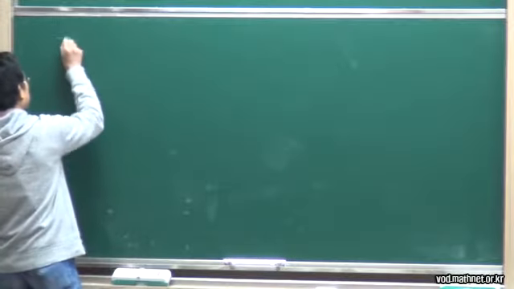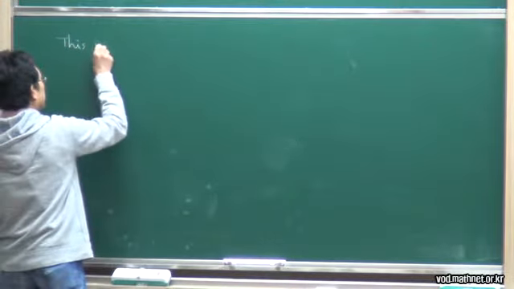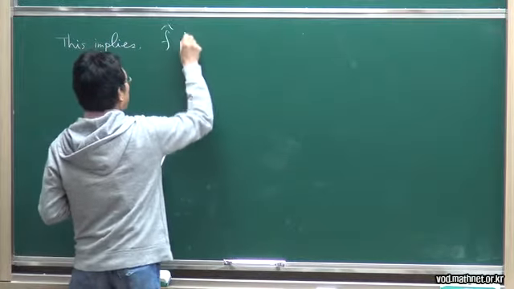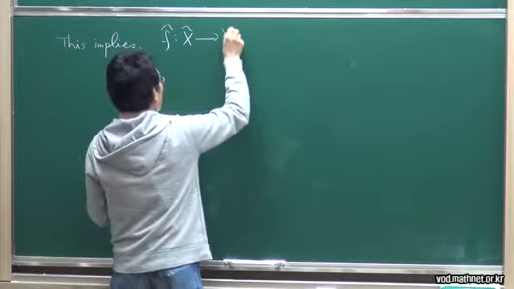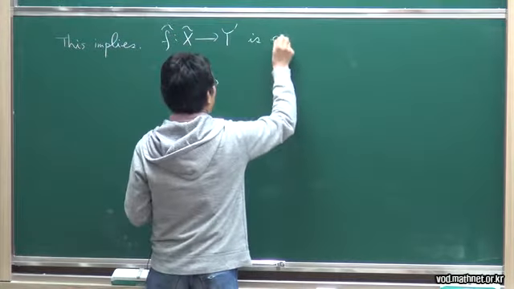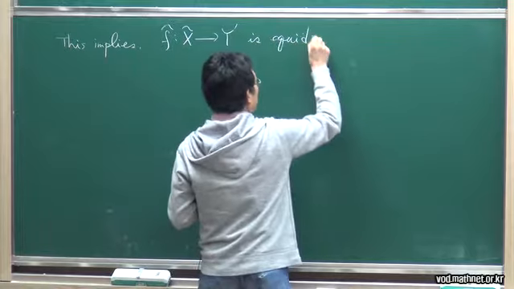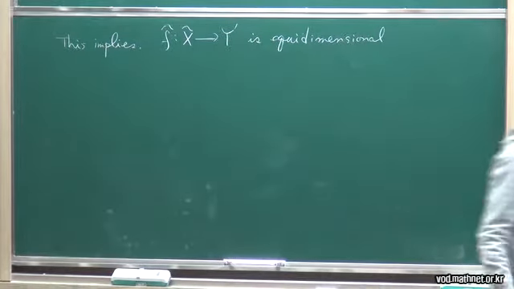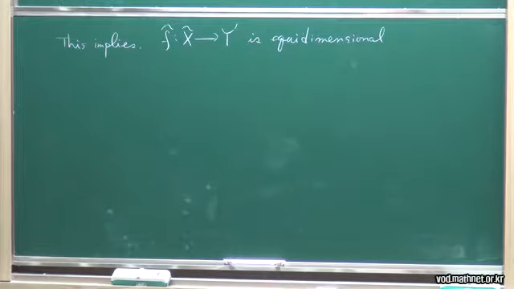So this implies f tilde, X tilde to Y prime, is equidimensional. Okay. The key point is that we can choose any point P, then take a general hyperplane passing through P and obtain a curve.